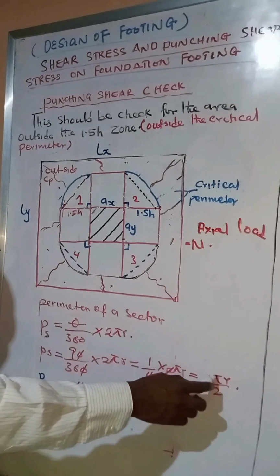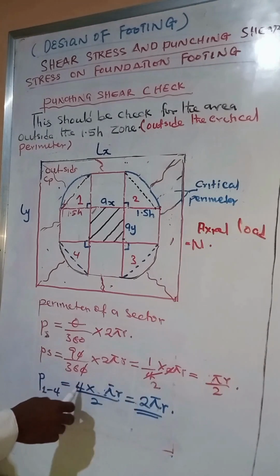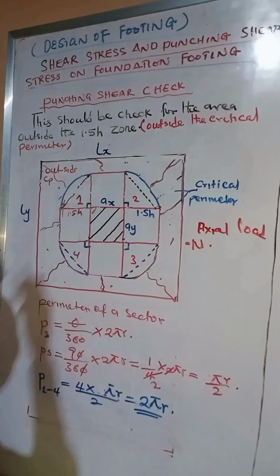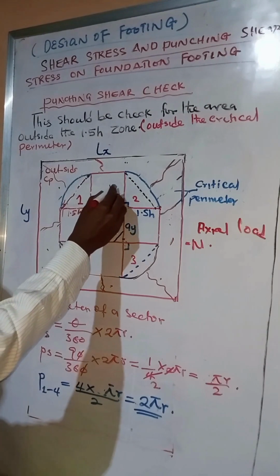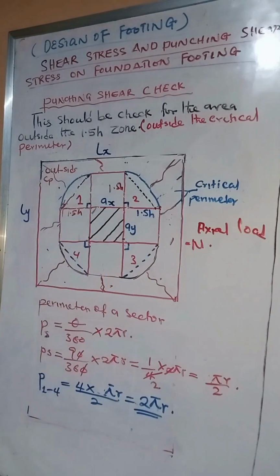If we multiply pi r over 2 by 4, we're going to have 2 pi r. So that gives us the perimeter of the sectors, where r represents the radius. Remember that the radius here becomes 1.5 H, 1.5 H, 1.5 H. So we're now going to substitute for our radius, which is 1.5 H.